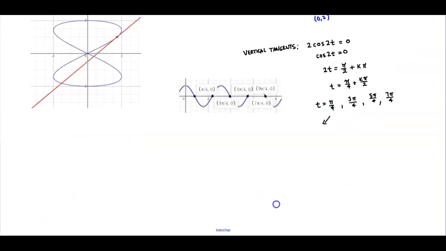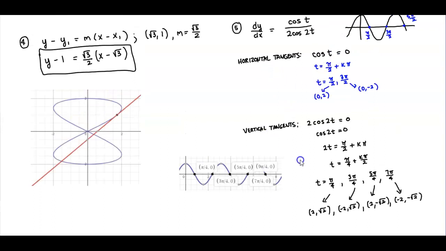Well, we know that pi over 4 is going to represent the point (2, square root of 2). 3 pi over 4, we have (-2, square root of 2). 5 pi over 4 is (2, negative square root of 2). And 7 pi over 4 is (-2, negative square root of 2). So therefore, those are your vertical tangents. So those are your vertical tangents and your horizontal tangents.